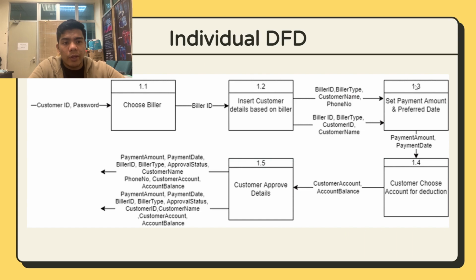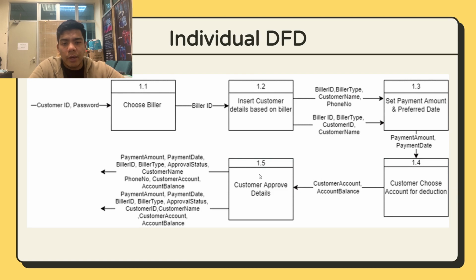So 1.3 is set payment amount and preferred date. This is how much you want to pay and when you want to pay. In 1.4, the customer chooses the account for deduction. Like I showed you just now, the user can choose based on the two accounts, MAE or Maybank2u account.